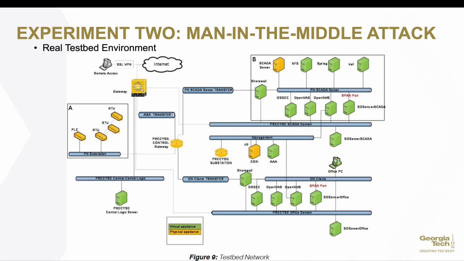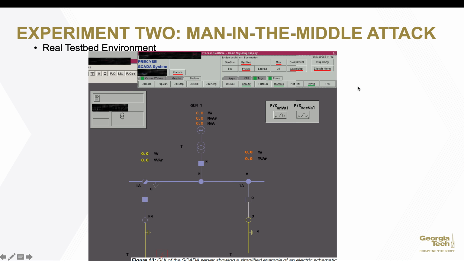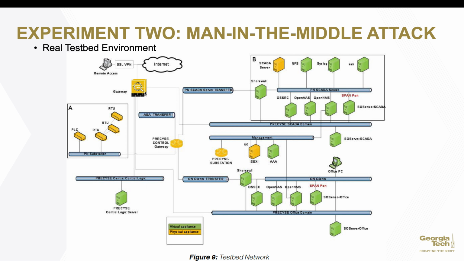Kali is used to simulate a compromised machine and is used to perform the attack. And it's also located here, as you can see, the box. Then they transmit the packets containing the switch on-off values.